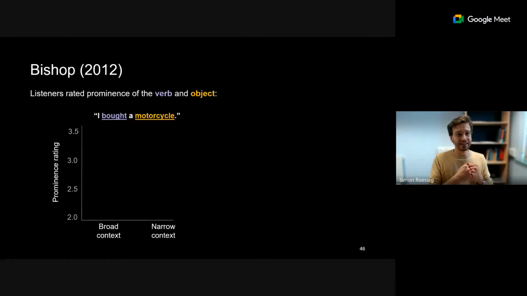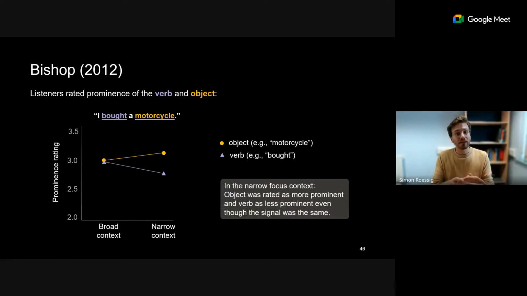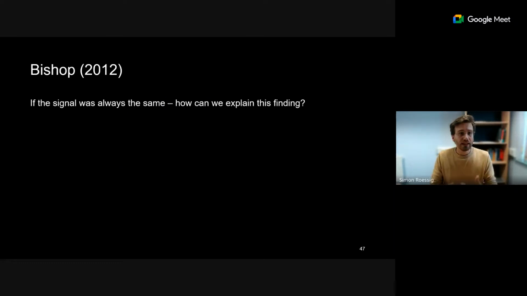Then they were asked to rate the prominence. Also really interesting. They show that listeners rate the object as more prominent in the narrow focus context, and they rate the verb as less prominent in the narrow focus context. And this even though the acoustic signal was always the same. So if the signal was always the same, how can we explain these findings?